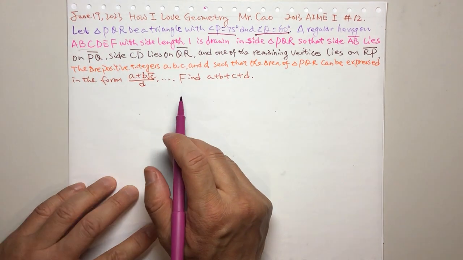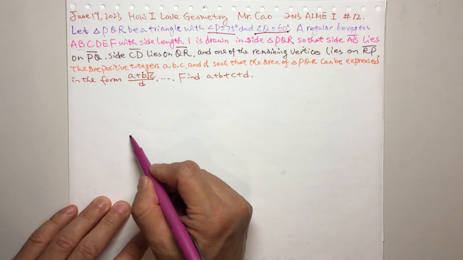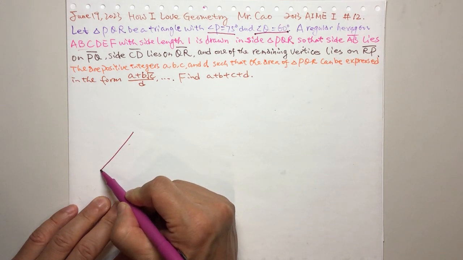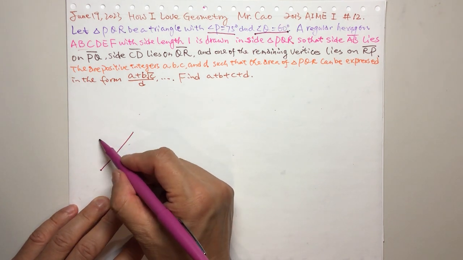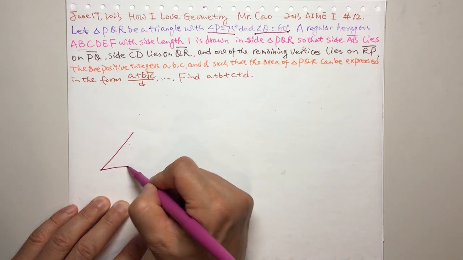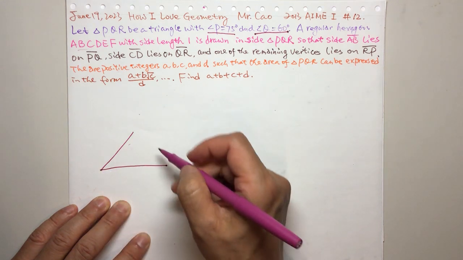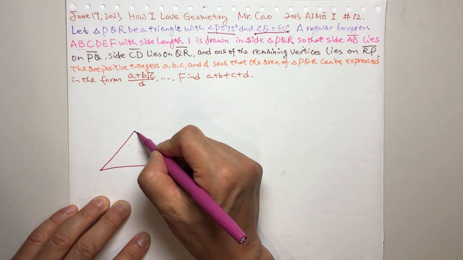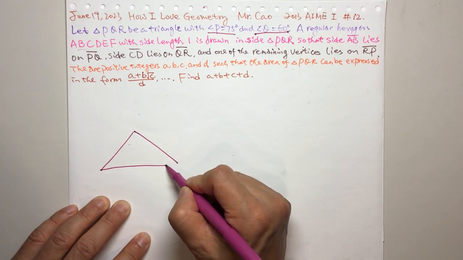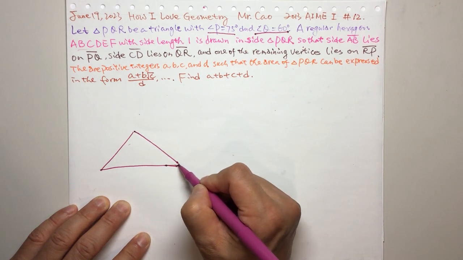So first we can draw the angles: 60, 75, and this one will be 45, right?